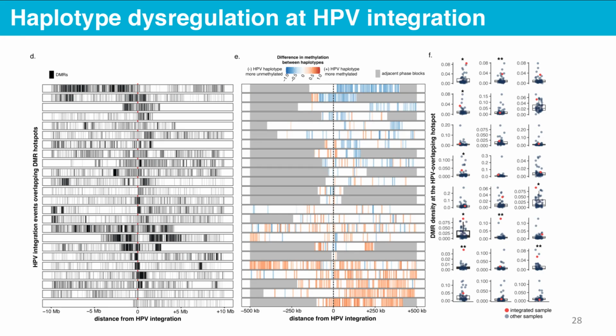For several of these, you can see significant results of the red integrated sample having higher density of DMRs within that hotspot. But some of them are just a hotspot anyway, and then HPV integrates near it. So both results are interesting.